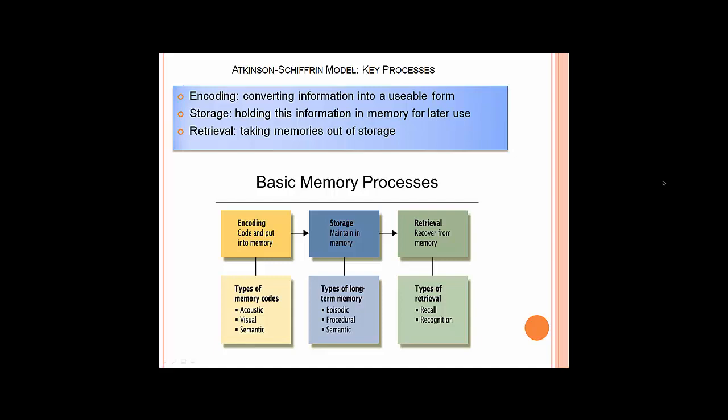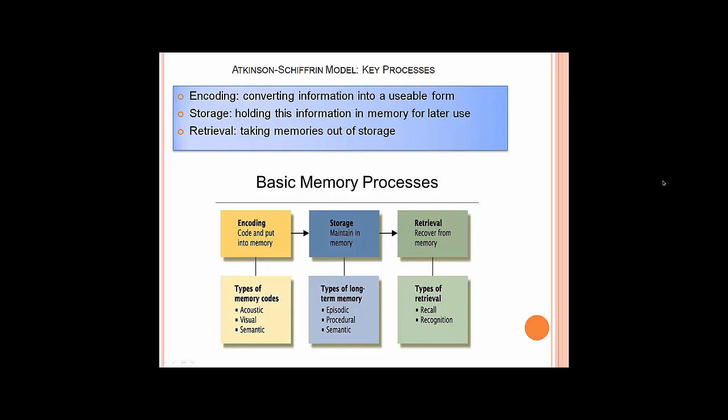So again, now let's look at the basic memory processes, and these processes are going on all the time. Encoding. Now, what type of memory codes go on there? Is it acoustic, that is sound; visual; semantic, meaning? Semantic means meaning.